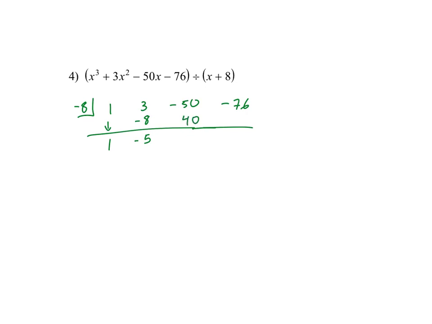Negative 50 plus 40 is negative 10. Negative 10 times negative 8 is positive 80. And negative 76 plus 80 is 4. So the quotient of x equals x squared minus 5x minus 10 plus 4 divided by x plus 8.